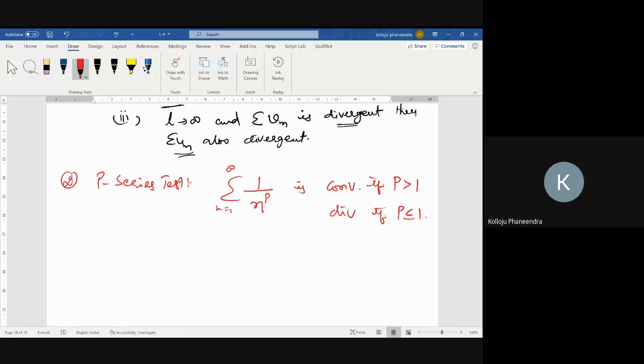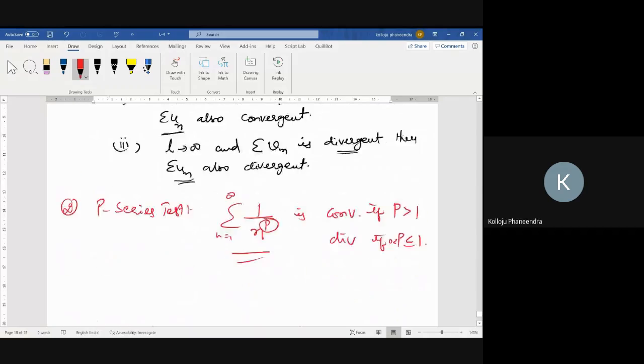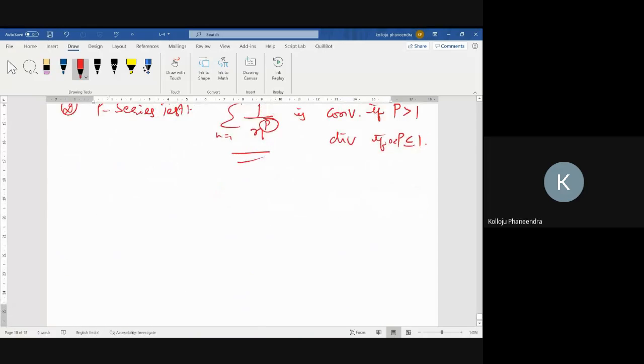And definitely this p must be greater than 0. If it is greater than 1, convergent, and less than or equal to 1, divergent. And the comparison test 1, test 2, I will again explain in solving the problems.